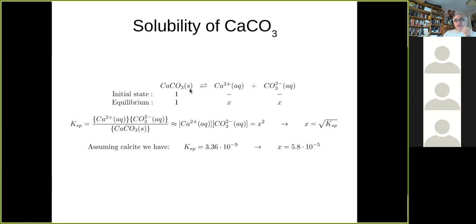Exactly. As long as it is present, and we can say big amounts compared to the ions, if some of it dissolves, then as long as there is still some of it left, it doesn't matter actually.